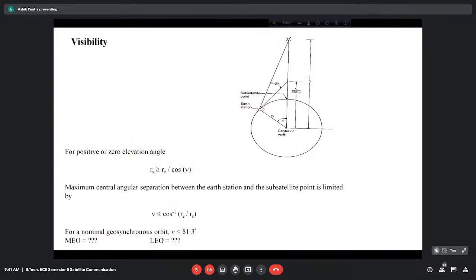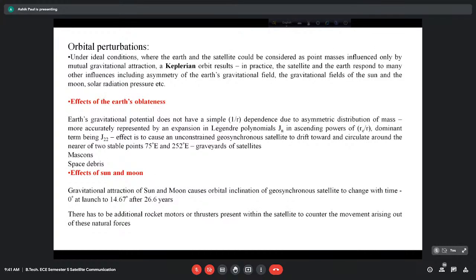Because of the gravitational attraction of the sun and the moon, which are also massive bodies, this orbital inclination changes. Ideally, the orbital inclination will be zero at the time of placing the satellite in orbit, and that may change to nearly 15 degrees after 20 or 25 years.